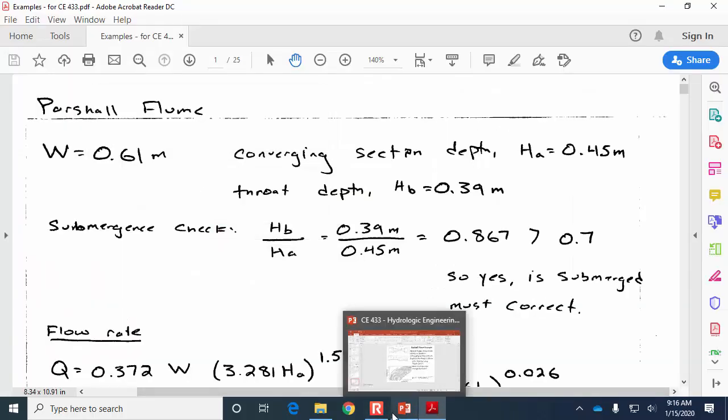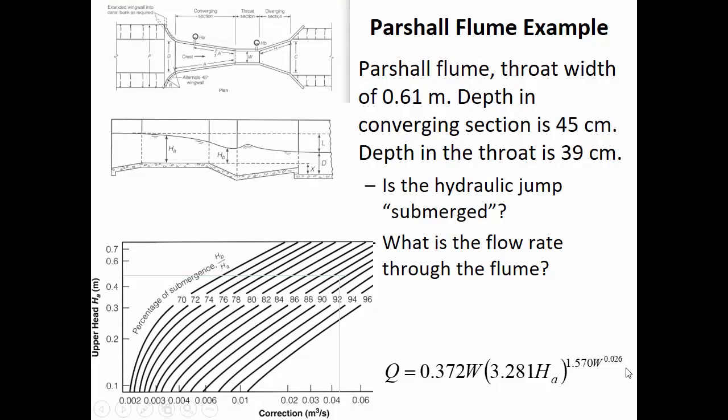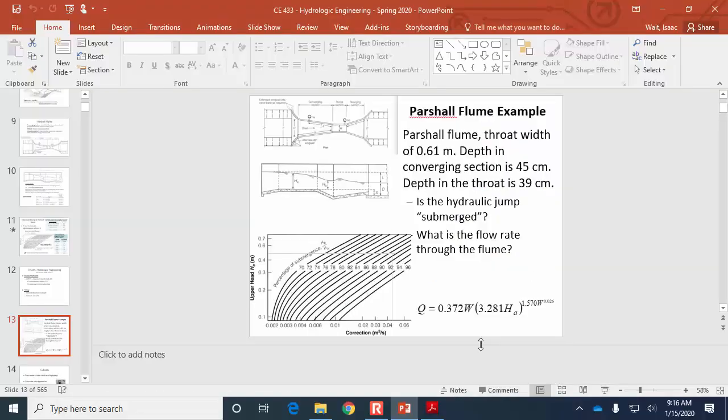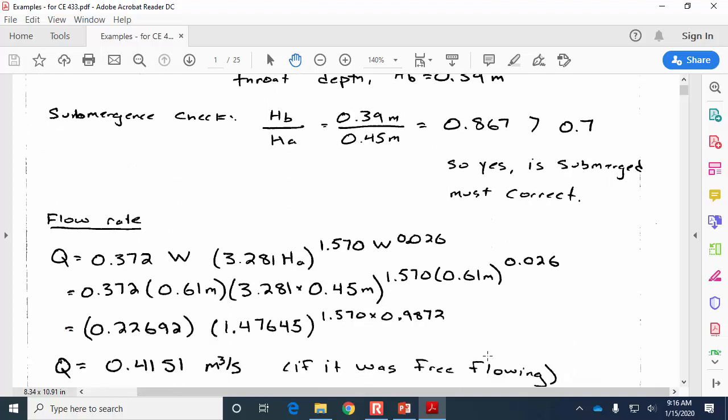Okay, if you're not getting the right answer, it's probably order of operations. So if we look at this equation that we're having to substitute into, you do the exponent first, and then you multiply. And so then once you find this exponent, you have to do the multiplication before you apply the exponent. So let me show you. I did it step by step. I didn't try and combine it all at once in a calculator because it's too easy to make mistakes that way.